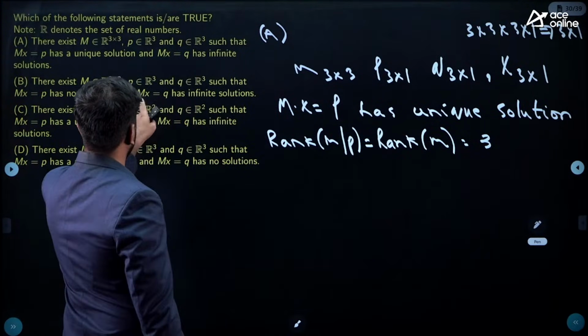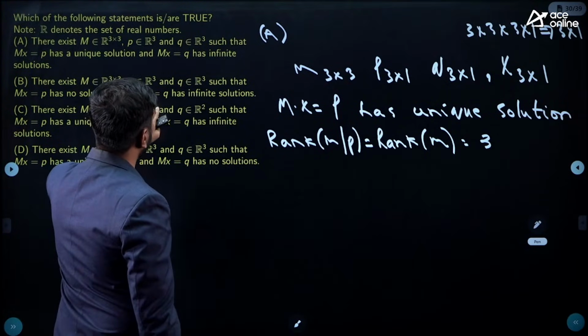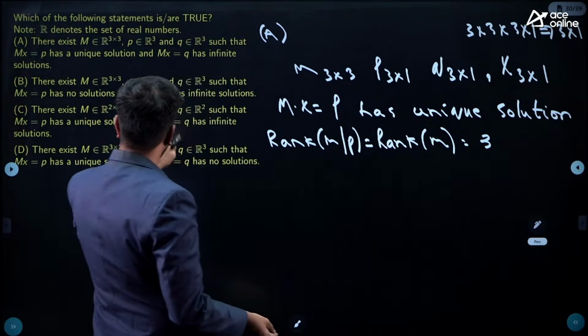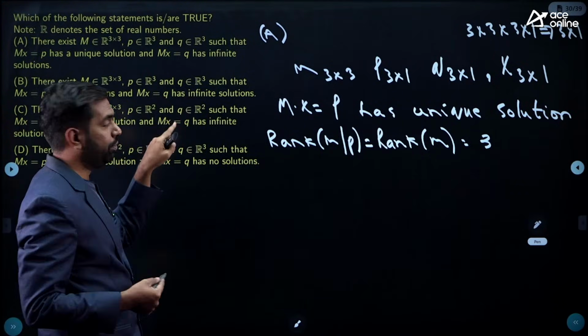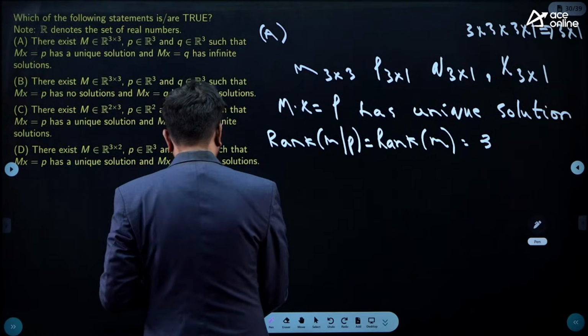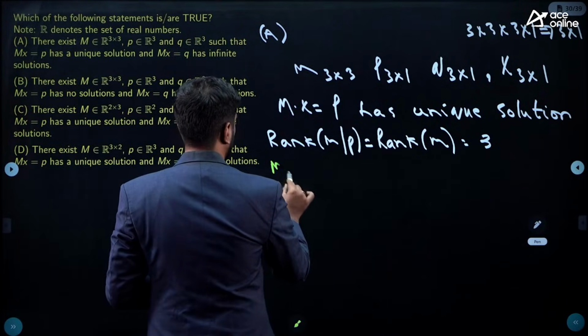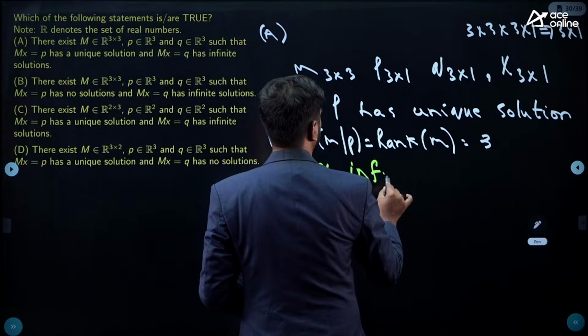And the same coefficient matrix M into X equal to Q should have infinite solutions. He is taking the same coefficient matrix, but he is changing the right side vector to Q, and he wants infinitely many solutions. So he wants Mx equal to Q to have what? Infinite solutions.